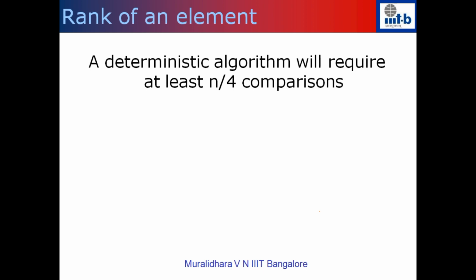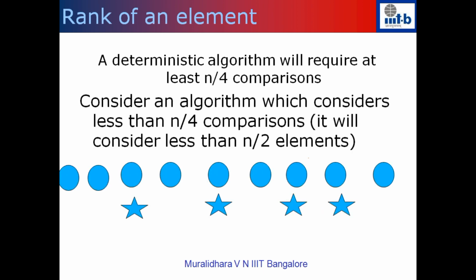Let's look at a deterministic algorithm which gives you a number bigger than the median. The claim is that it has to do at least n by 4 comparisons. If an algorithm does fewer than n by 4 comparisons, each comparison requires two numbers, so it will look at fewer than n by 2 elements.